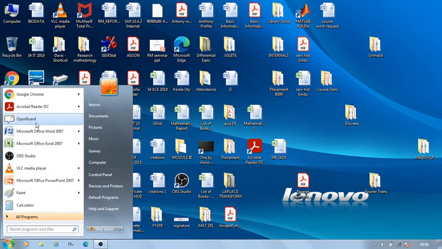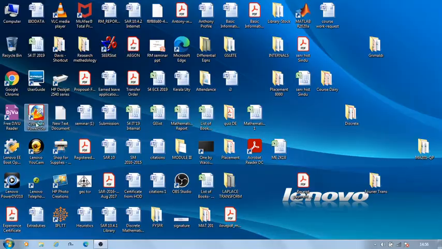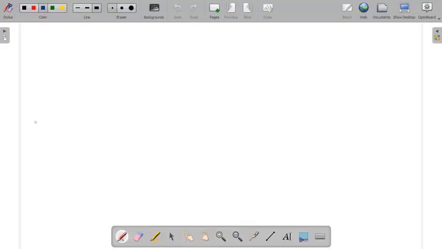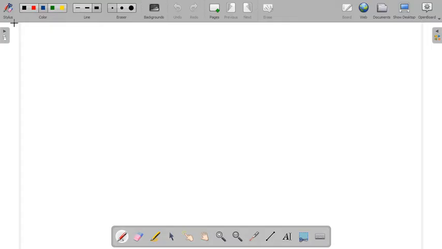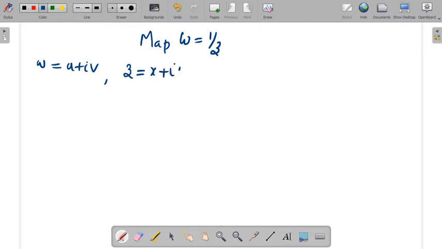Now today we are going to discuss the map W equal to 1 by Z. When we consider the map W equal to 1 by Z, separating the variables, we can write W as U plus IV and Z as X plus IY.